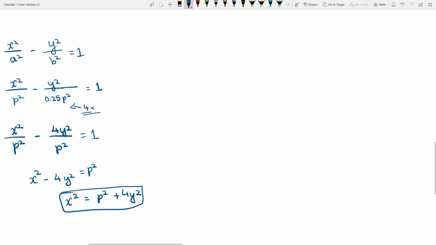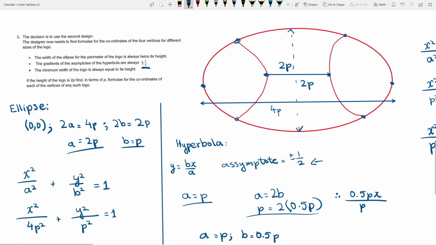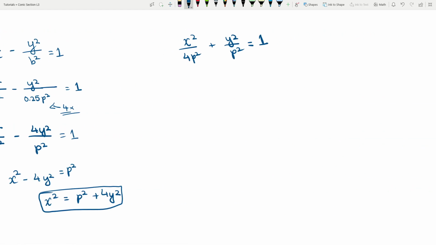It was, I think, x squared over 4p squared plus y squared over p squared equals to 1. Yeah, okay. So we can remove the fraction, but just to show you guys, I'm just going to keep the fraction, that it still works, okay?